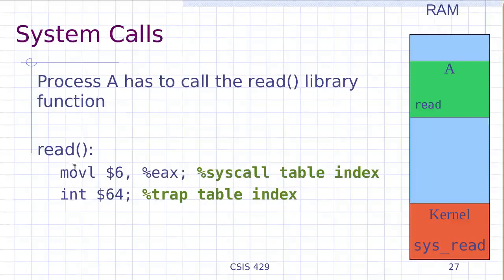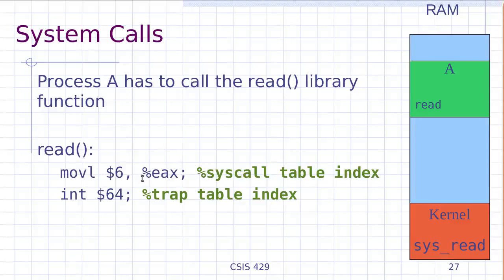So sysread will do this. Actually, these are the actual instructions that read will do. It says, okay, I'm going to access this system call table index. Then I'm going to say, I want to call the sysread function, which is in the kernel, and here's a trap that says, okay, now operating system, take over and execute the sysread function, which is indicated in this message.